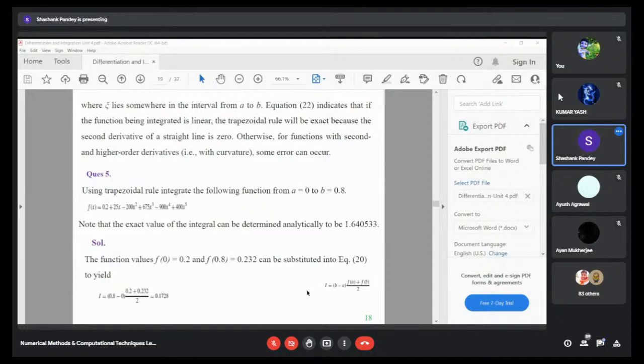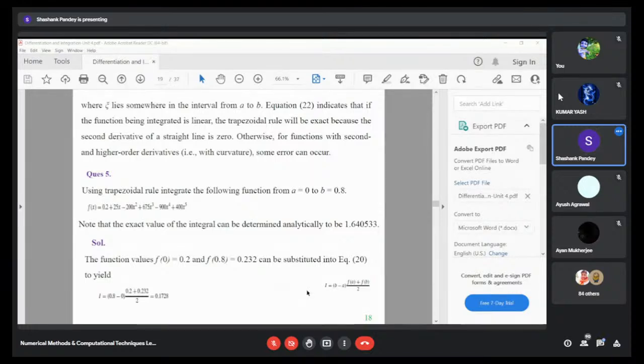So let us have a look at one solved problem. Using the trapezoidal rule, integrate the following function between limits 0 to 0.8. If you do it, the exact value is 1.640533.